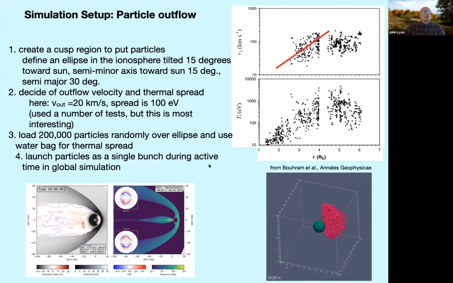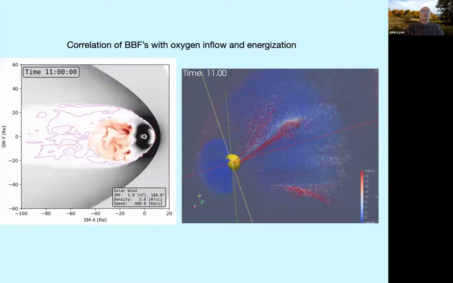Now, this is a solution that's very similar, but this time it's cusp outflow of oxygen moving at roughly 20 kilometers per second outward. On the left-hand side is the same type of plot with the magnetic field shown with many bursty bulk flows.